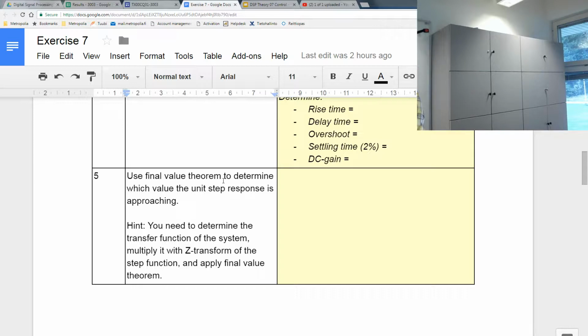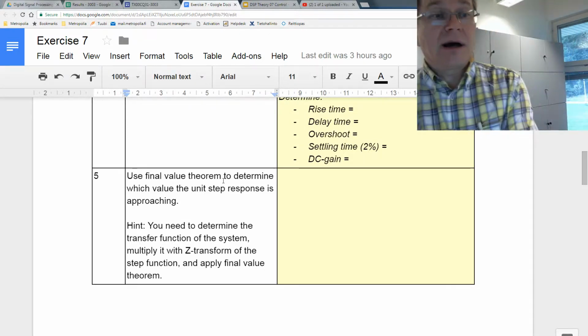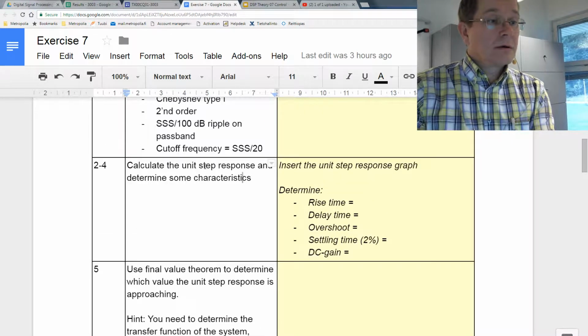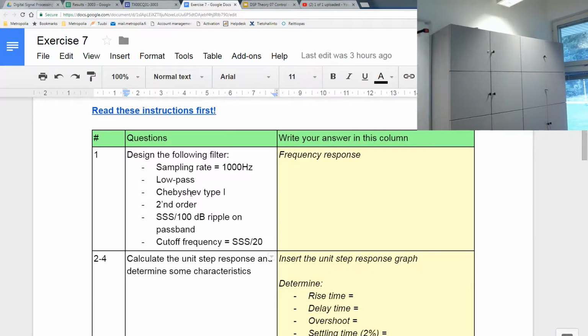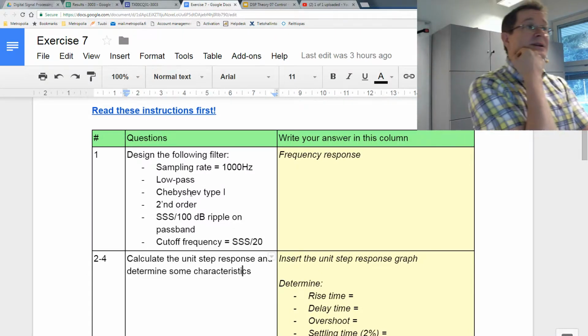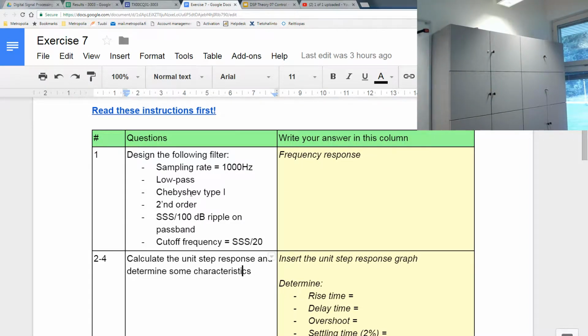So final value of the step response, which is the same as the DC gain of the system. And basically I also choose the Chebyshev type 1 for good reason, because it does not have unity DC gain, for quite obvious reason.